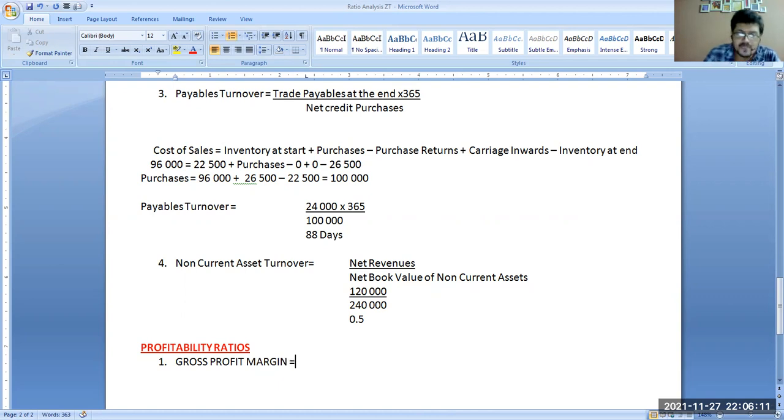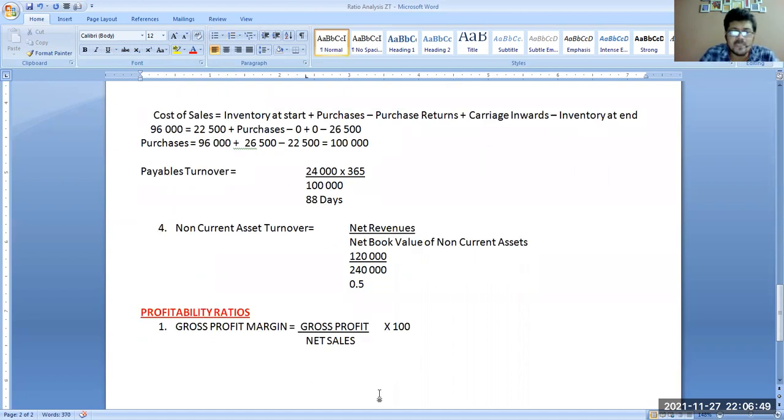The formula is very simple: gross profit divided by net sales, and then multiply by 100. Getting my point clear? This is how we calculate gross profit margin.